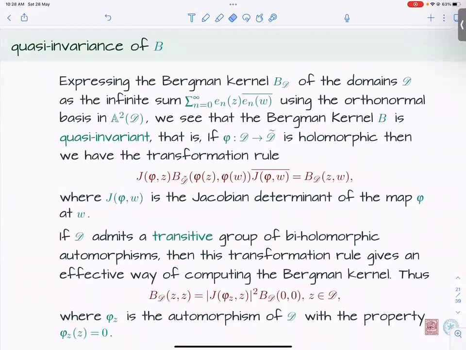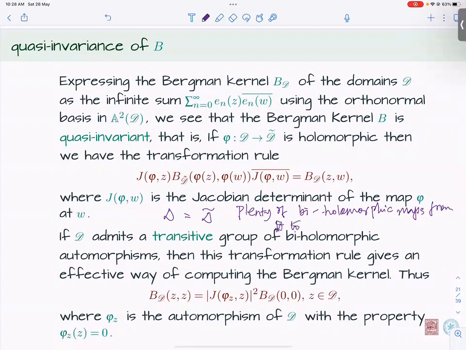Now suppose we take D to be D tilde, and suppose we have plenty of biholomorphic maps from D to itself, so much so that any W or any Z in D can be mapped to 0 by some phi.